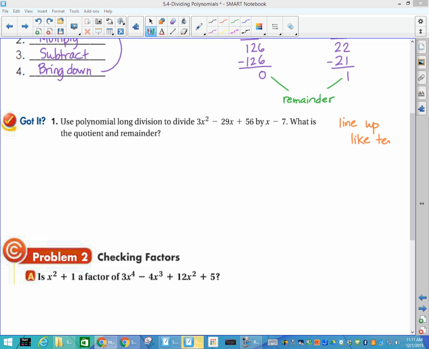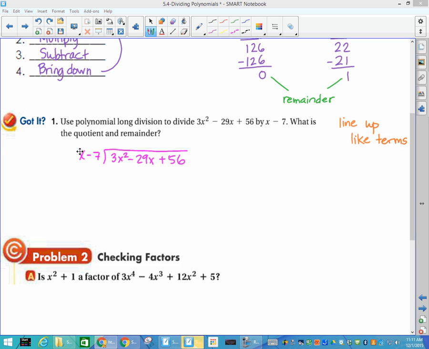And I did it with the numbers just up above, but it will really help you keep everything straight when you're doing this problem. So this is your dividend, this is your divisor, so we're writing that on the outside, x minus 7. And I'm going to divide 3x squared minus 29x plus 56.